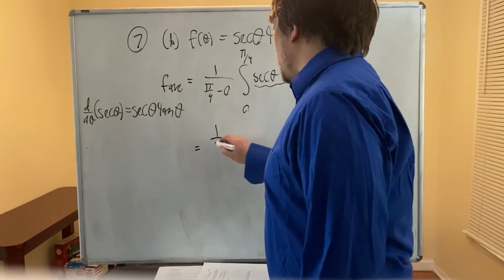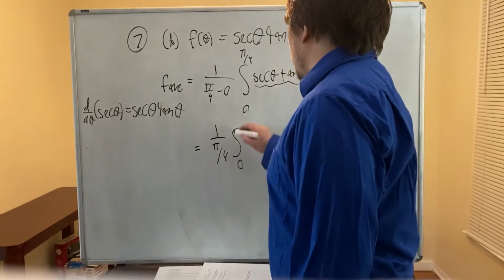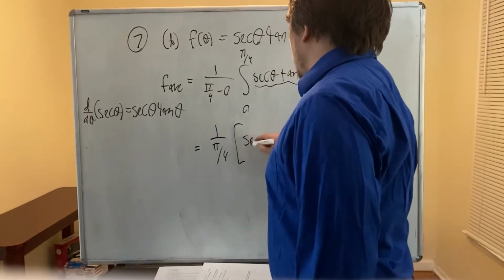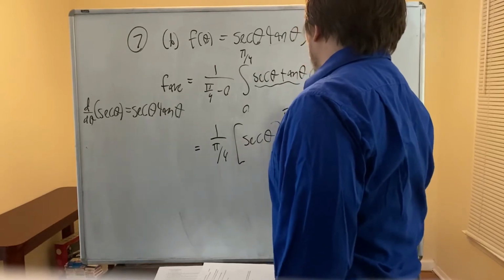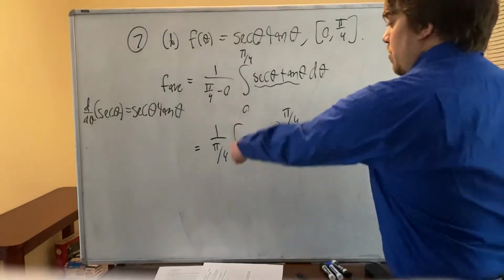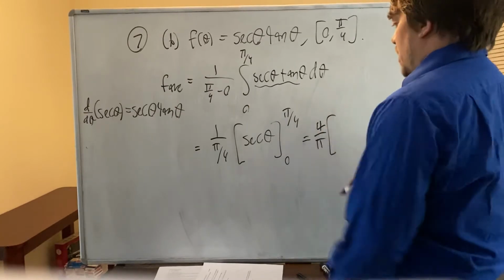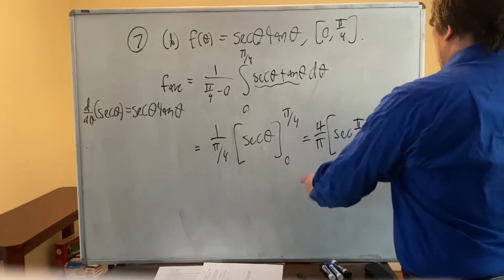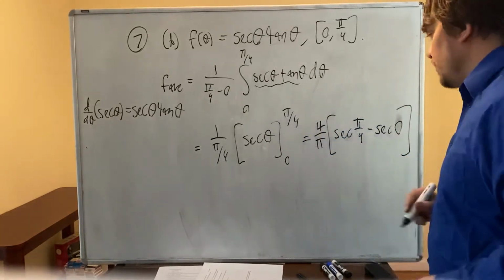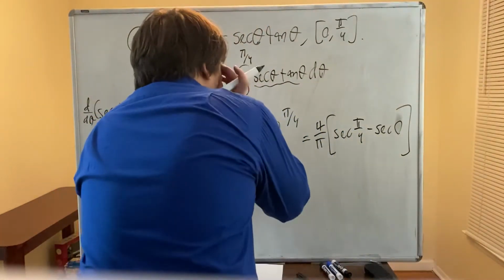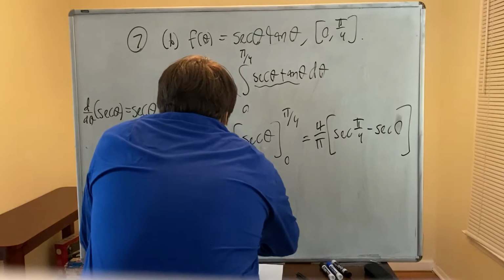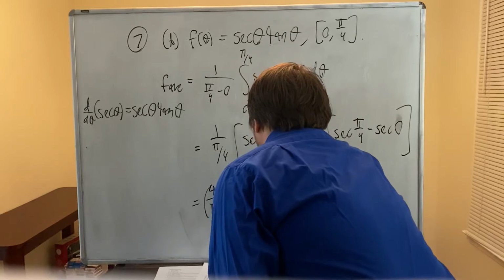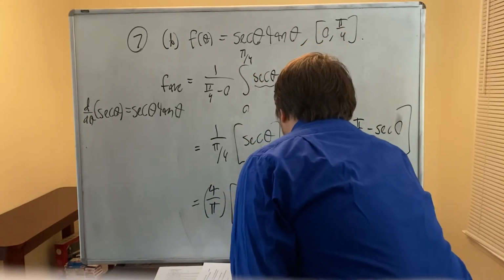So this is 1 over pi over 4 times an antiderivative of secant theta tan theta, which is secant theta, evaluated from 0 to pi over 4. And so 1 over pi over 4 is 4 over pi, so it's 4 over pi times secant of pi over 4 minus secant of 0.